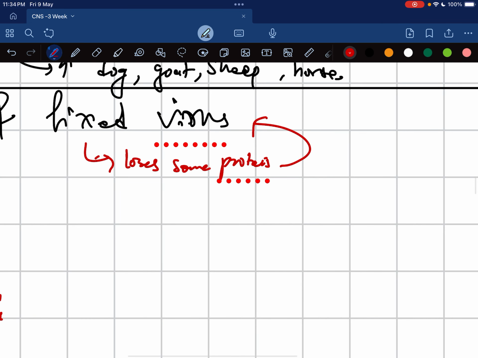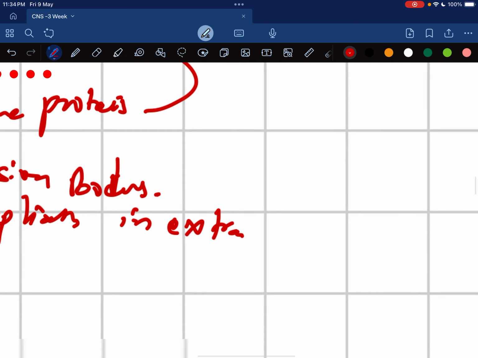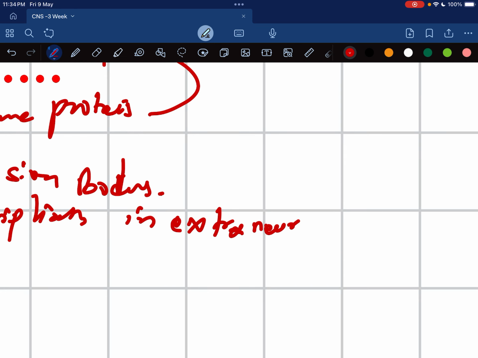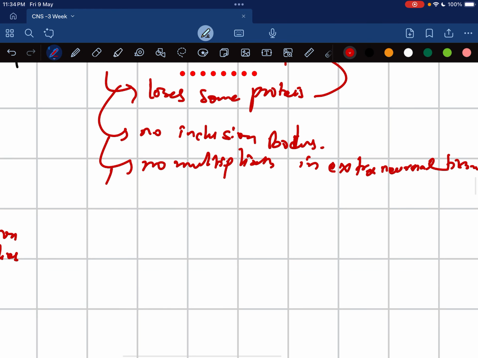It has no inclusion bodies, no multiplication in extraneuronal tissue, and does not infect the salivary gland.